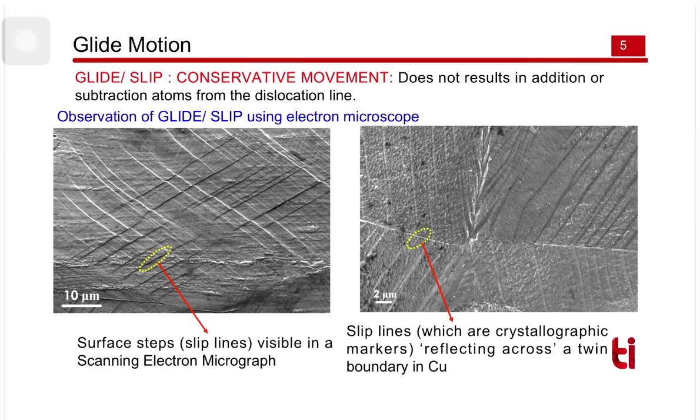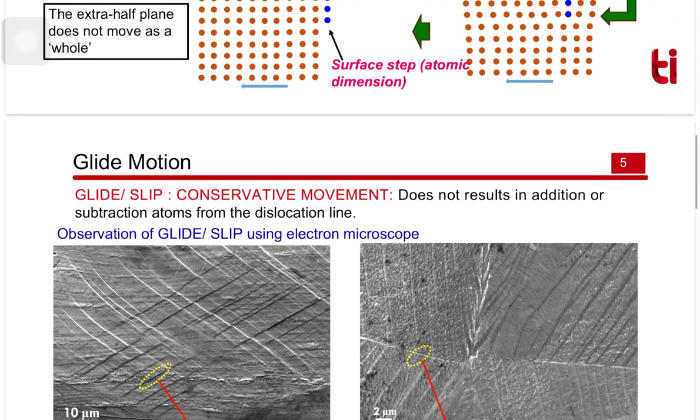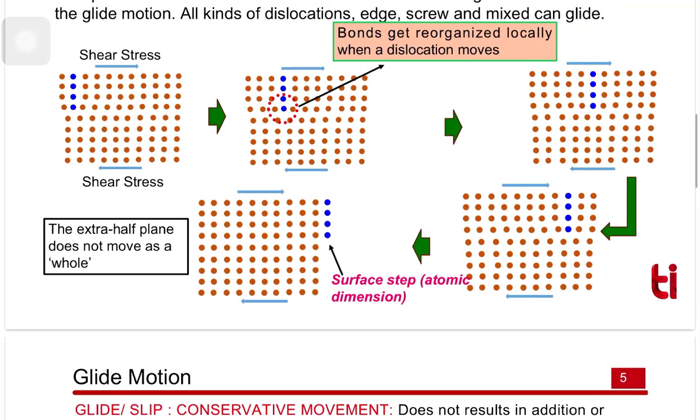In the glide motion, if you see the microstructure of a metallic specimen which has gone through some kind of plastic deformation, you will see slip lines, steps on the surface, which is a clear indication of how the dislocation moves. So it is written here: glide, oblique slip and conservative movement. What does conservative movement mean? This is the slip plane.